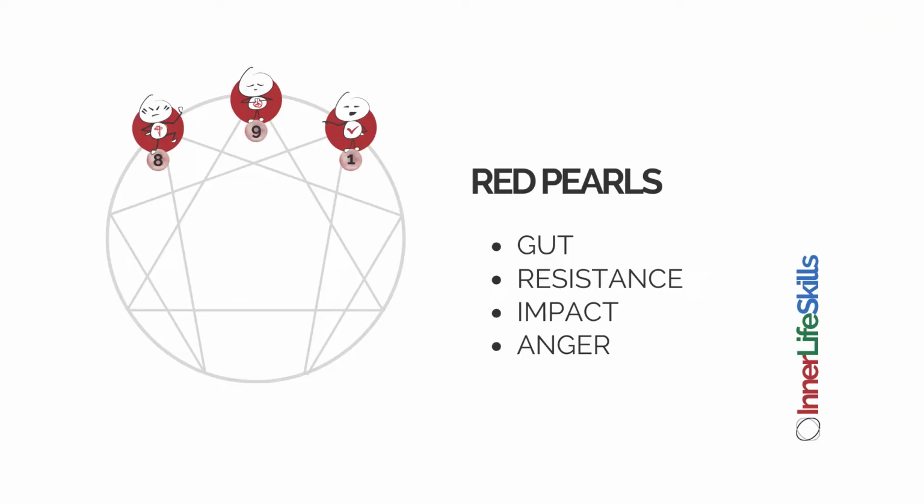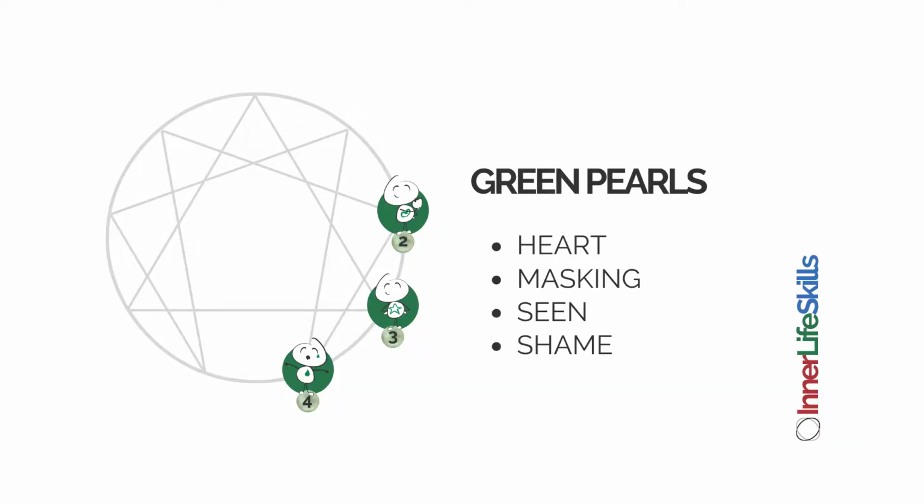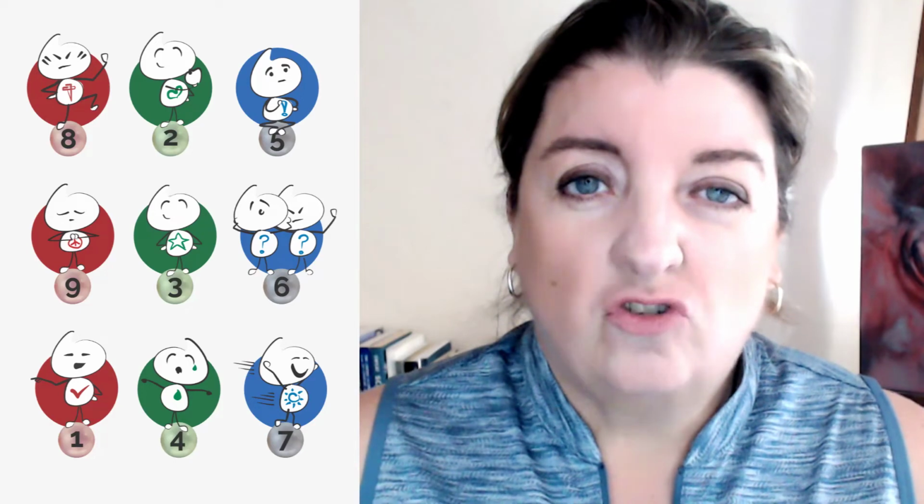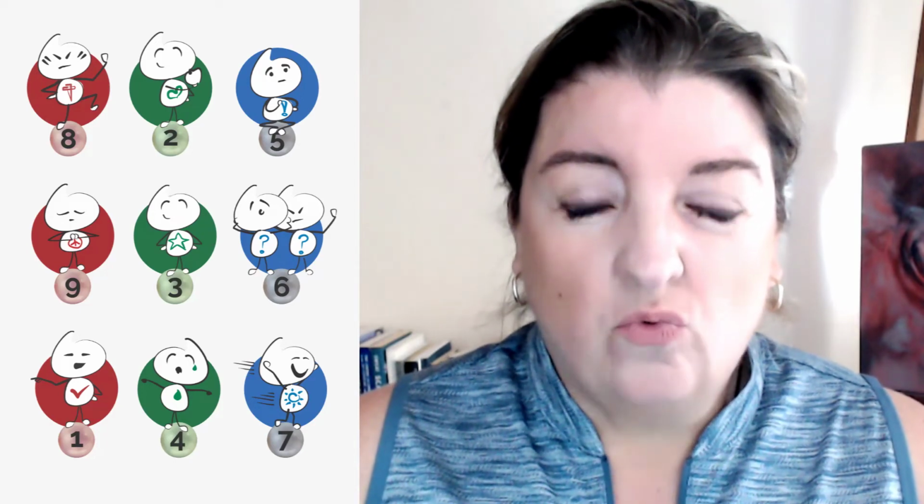Types 8, 9, and 1 all share the same grain of sand, but they express that grain of sand differently. Types 2, 3, and 4 all share a green pearl grain of sand, and types 5, 6, and 7 all share a blue pearl, which means that these triads, these classical Enneagram triads, all share a common driver, a reason for that personality pearl.